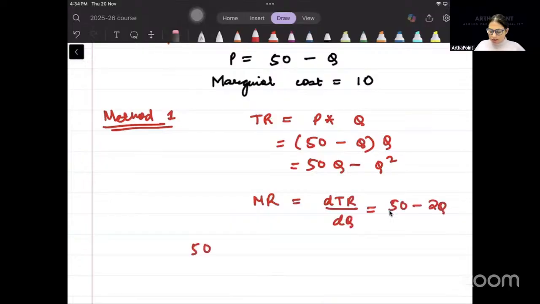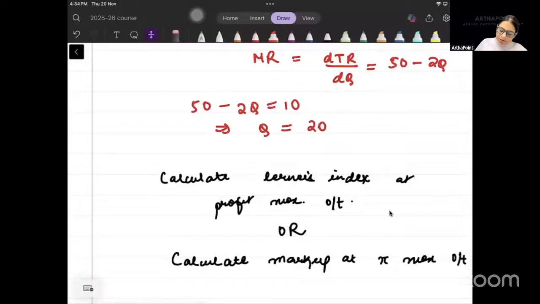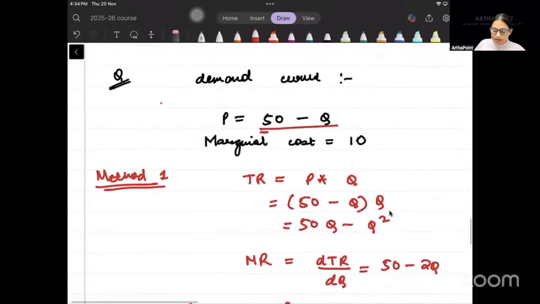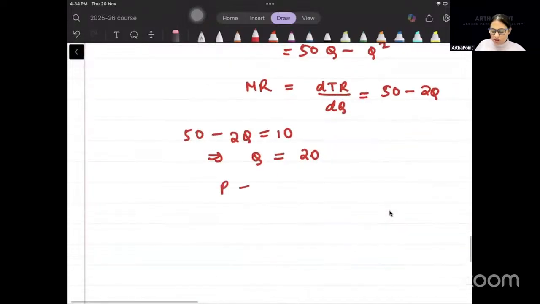We'll equate marginal revenue to marginal cost, and we'll get quantity as 20. ठीक है? Of course, we can find price, put 20 here, and price आ जाएगा 30.